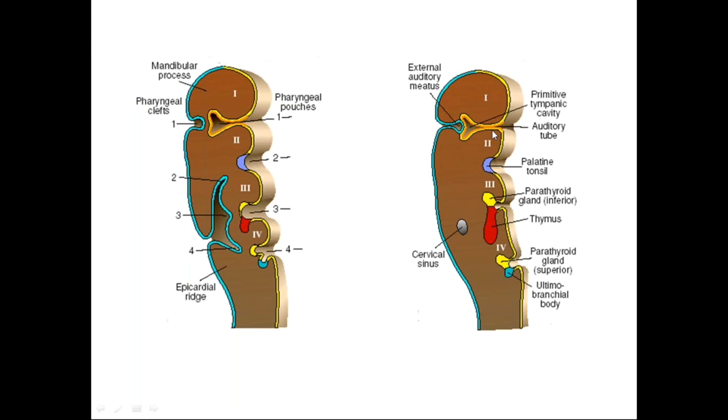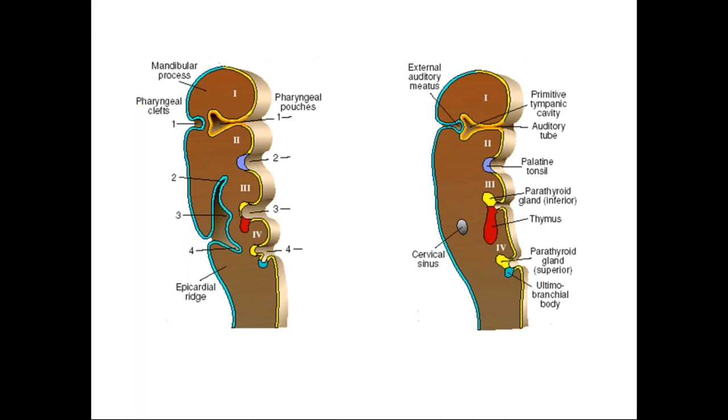So I'm repeating again. From the first endodermal pouch, it will form the primitive tympanic cavity with the auditory tube. From the second pouch, it will form the palatine tonsil. From the third pouch, it will form the inferior parathyroid gland and thymus.